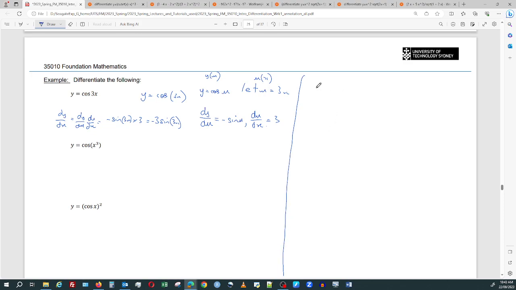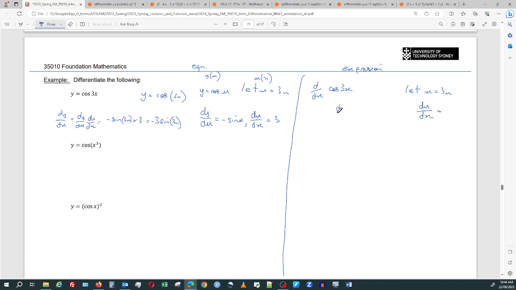Let's try this. Let's say the question said it this way: d/dx of cos 3x. So we're differentiating an expression here rather than an equation, but it's still the same process. We would let u equal 3x, and leaving its notation would require us to find du dx.